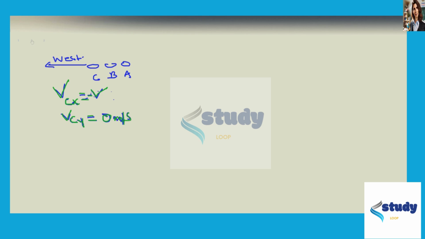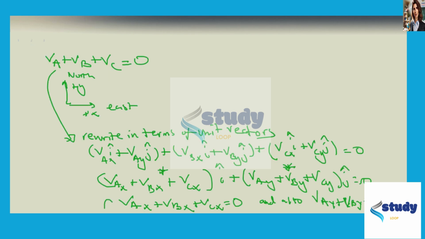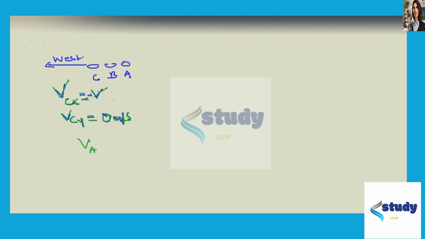Going back and looking at this equation, if Vcx were 0, that would give us a new equation of Ax and Bx being equal to 0, so Vax plus Vbx equals 0.